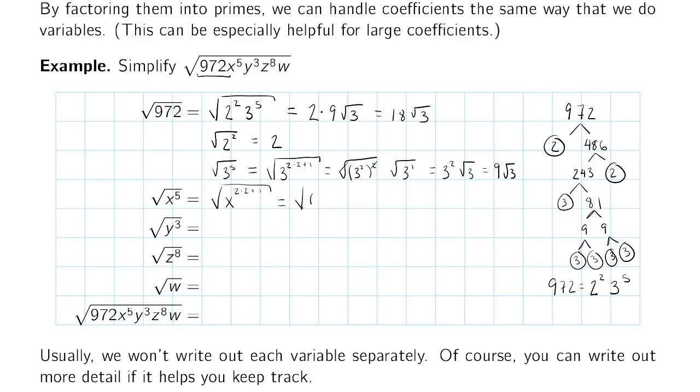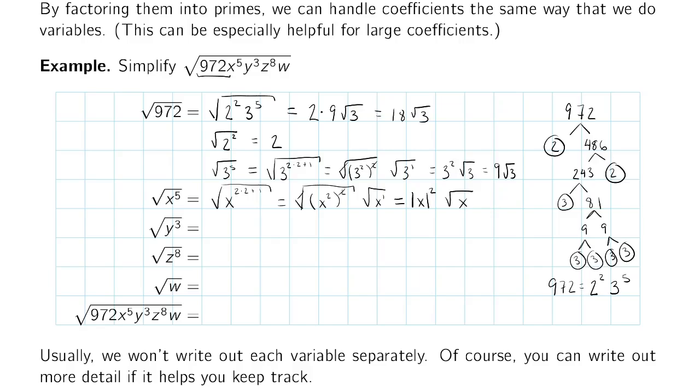That's the square root of x squared squared times the square root of x to the 1. Square root and the squared cancel out. And this is an even root, so we do need an absolute value. Absolute value of x squared times the square root of x.